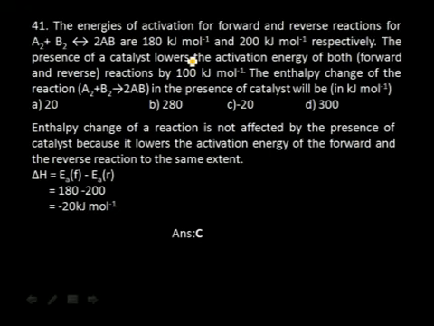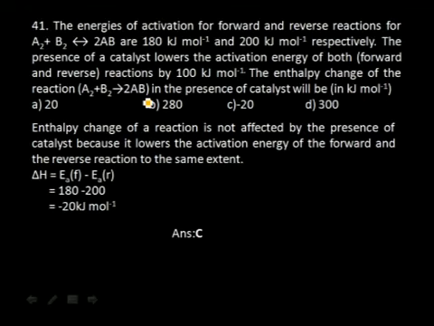The enthalpy change for the reaction A2 plus B2 giving 2AB in the presence of a catalyst will be, the options are 20, 280, minus 20 and 300 kilojoules per mole. You know, the delta H or enthalpy change of a reaction is never affected by a catalyst.